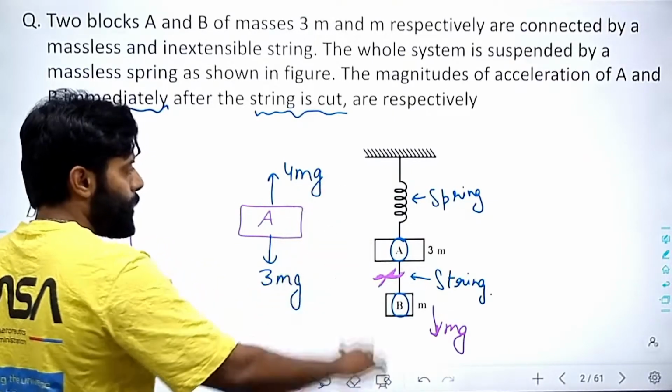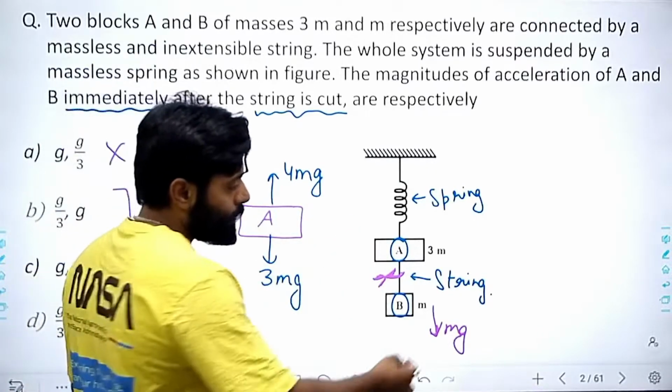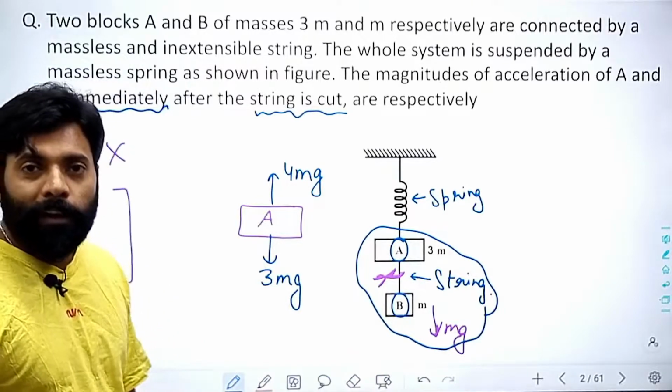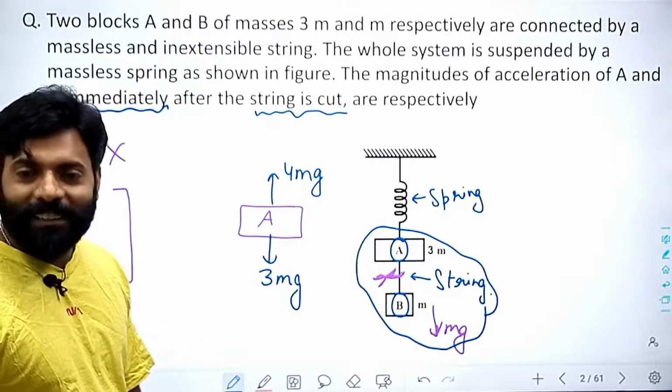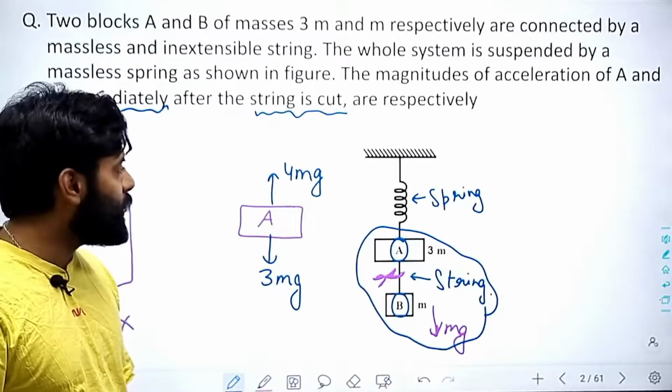How many of you agree that the force will be 4mg, because this mass was attached to the spring, and the spring takes some time to know that something is removed. So that must be the opposite force which is acting here.